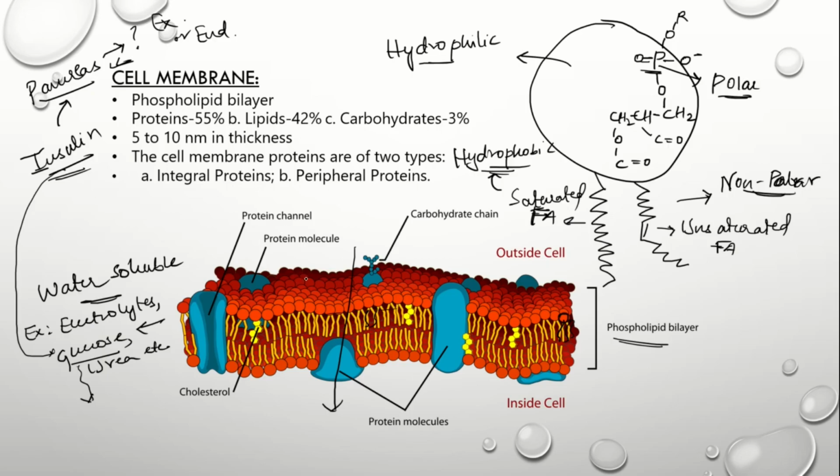On the cell membrane, the insulin receptors are present, and when insulin binds to these receptors, they open like a protein channel, and likewise the glucose is transported inside the cell.